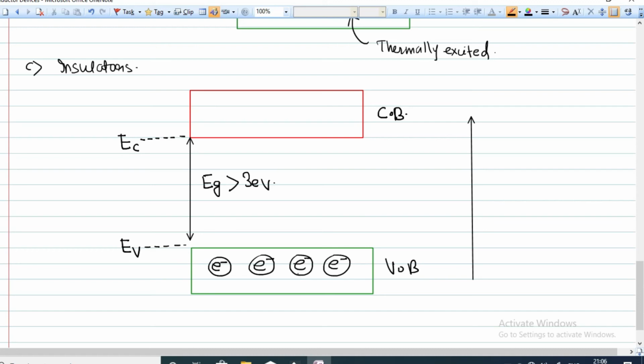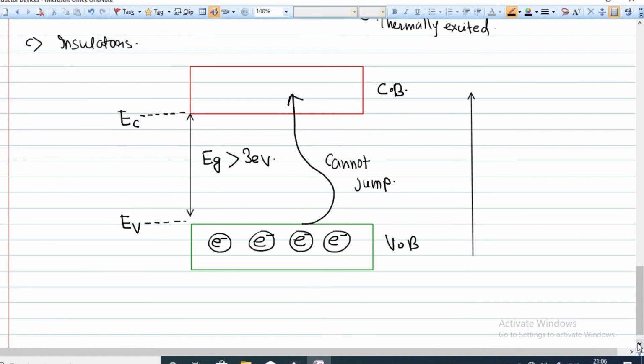But due to the large difference of energy between the conduction band and valence band, these electrons cannot jump from the valence band to the conduction band. Even if the electrons are thermally excited, that's why an insulator does not conduct even if we supply thermal energy to it.